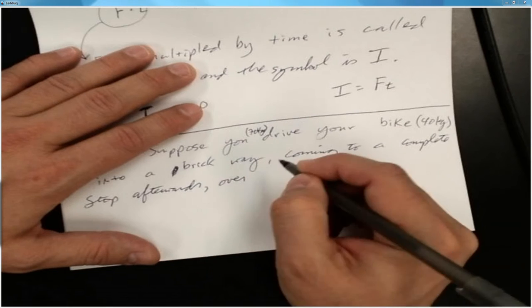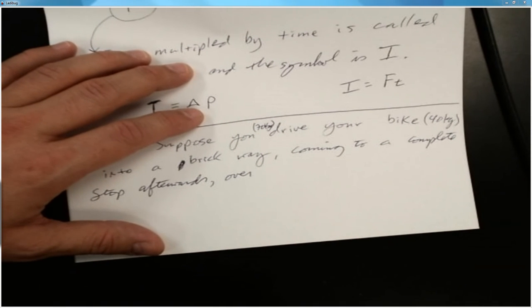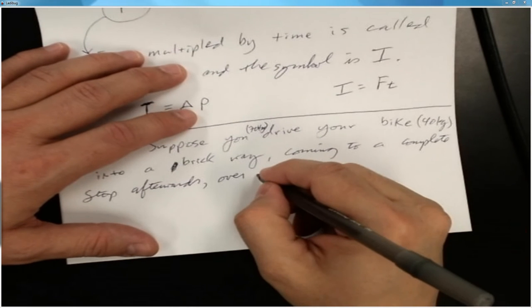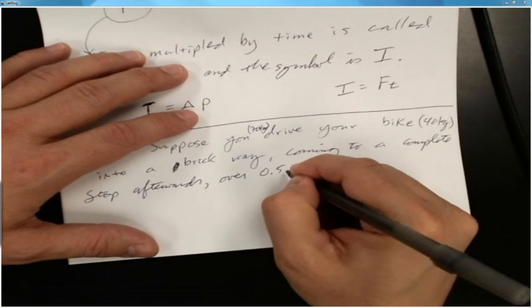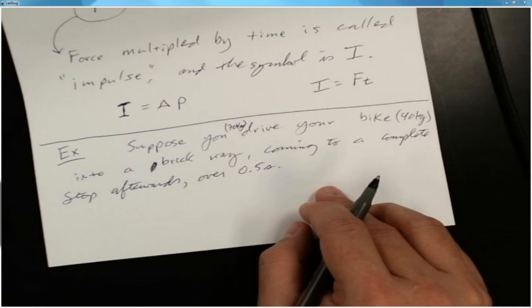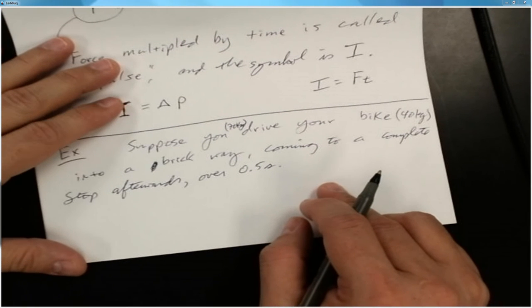Let's see, how long do you think it takes to come to a complete stop when you crash? Not a full second, maybe, let's say half a second, over 0.5 seconds. So over half of a second, your bike and you come to a complete, terrible, awful stop. That's not nice.